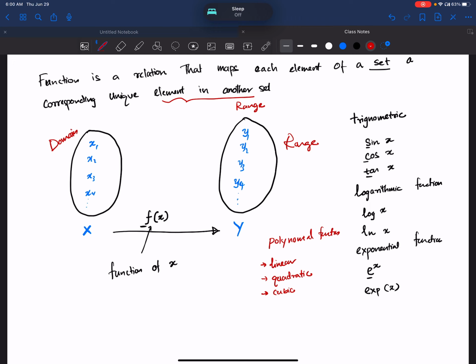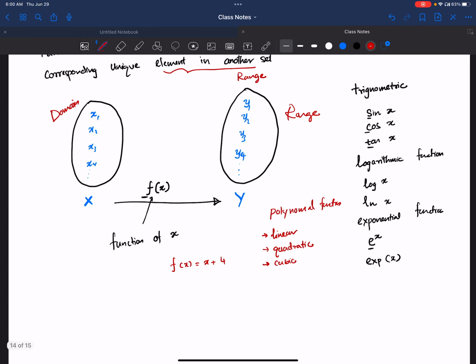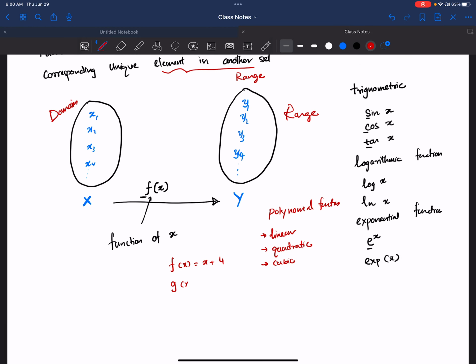This is first degree, second degree, third degree, and so on. You can write them as f of x equals, if it is a linear function, f of x equals x plus 4, something like that. These are examples. And you can also write g of x is equal to x squared plus 2x plus 3.